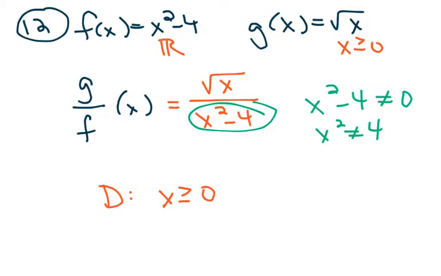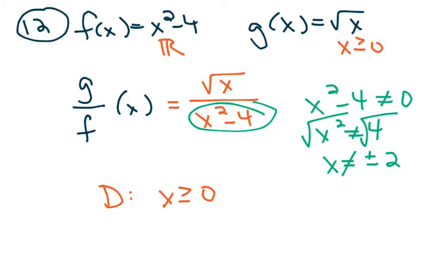Well, since this is an equation, and this only works when you solve equations, and you take the square root of both sides, you're going to find out that x is plus or minus 2. It's not equal to plus or minus 2. But I want you to notice that negative 2 is already not in the initial restriction on the domain, because the numerator has to be greater than or equal to 0.